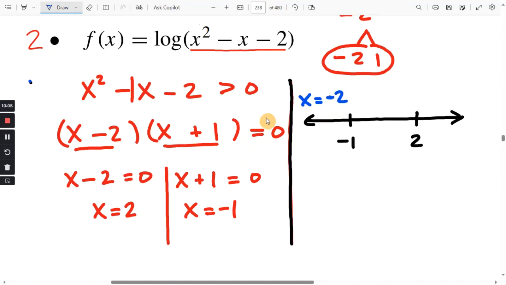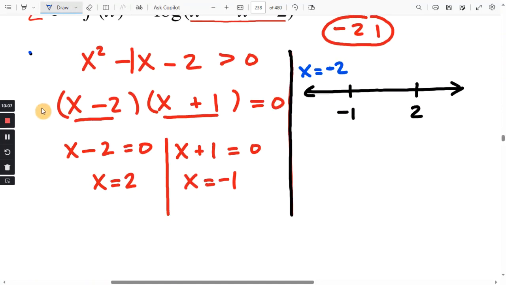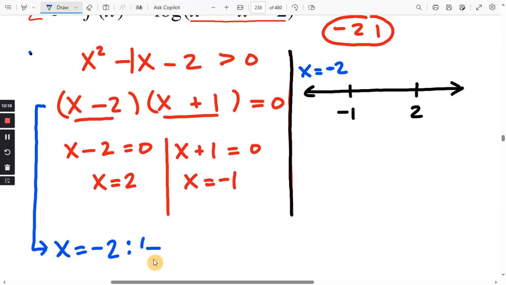Now let's plug in x equals -2. -2 minus 2 is negative. -2 plus 1 is negative. Negative times negative is positive.